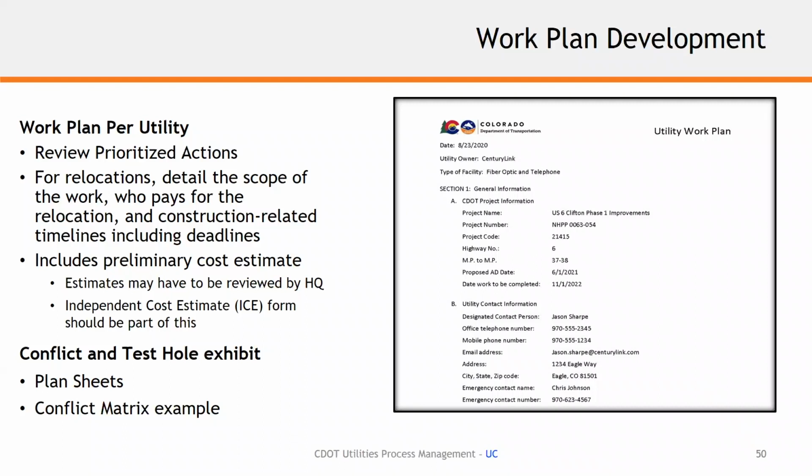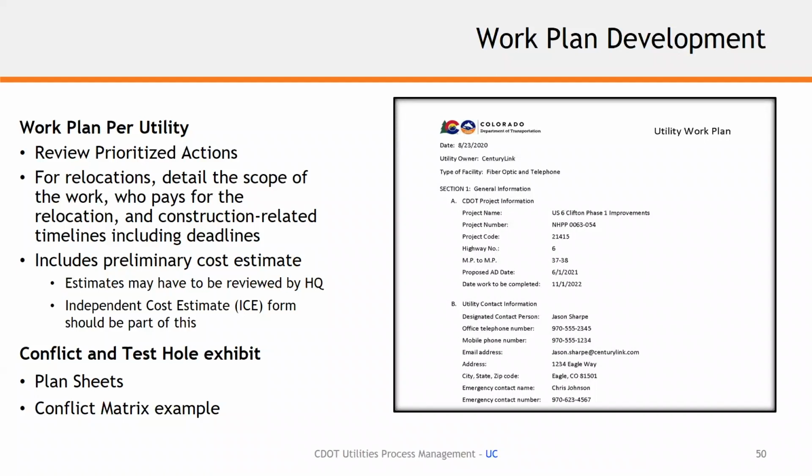You know, some of this information we may already have in our draft spec as far as utility contact information, but maybe it's multiple people we need to identify. Maybe it's the engineer that we have on here, and then we need a construction manager also identified, because once they design it and hand it off to construction, we want to have that also. So we're starting to get into the details of the relocation, who is going to pay for it, the estimates, if it's eligible for cost reimbursement.